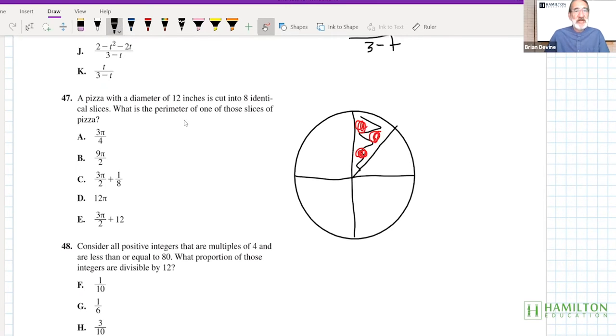Now, I do know that if the diameter is 12, then the radius is going to be 6. And if the diameter is 12, then the circumference is going to equal 12 pi. And so this must be 1/8 of 12 pi.